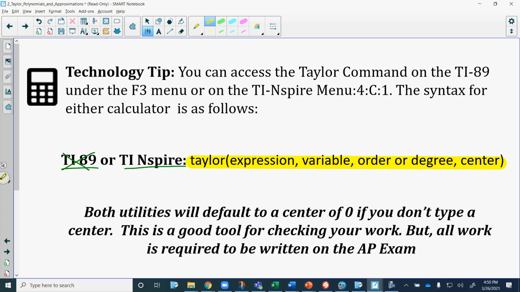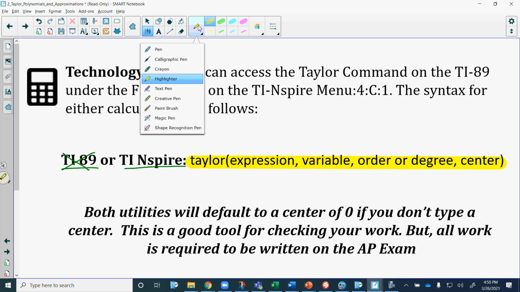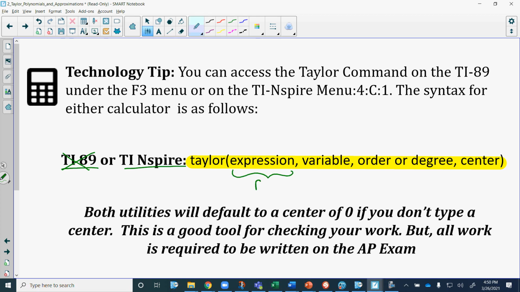We're going to say we want to do a Taylor series, and the expression here is just whatever your f of x happens to be. The variable is typically going to be x. The order or degree, that's what we're looking for. Okay, so that would just be a number. Like if I wanted the fifth degree, I would say a 5.